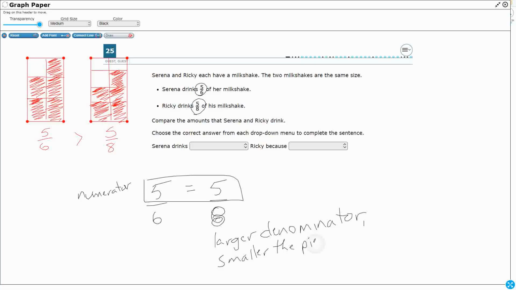So if we have a milkshake and we're breaking it up into 8 pieces, like we did right here, you notice my pieces are smaller because I've got just a single milkshake and I have to cut it into 8 pieces. So with 8, each piece is going to be smaller. If I have the same milkshake with only 6 pieces, each piece can be a little bit bigger. So 5 bigger pieces is going to be greater than 5 smaller pieces. That's another way to think of it.